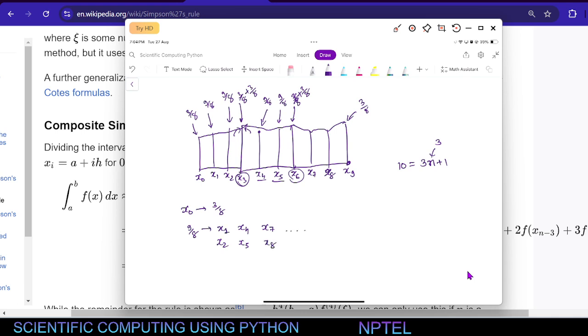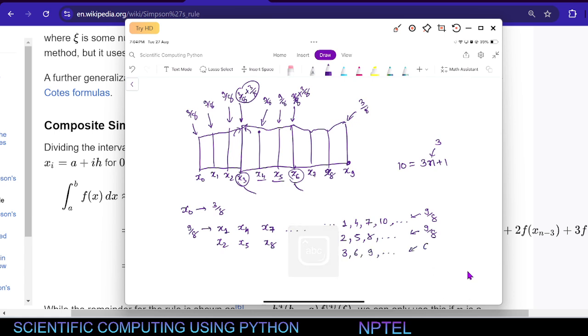So all of these, 1, 4, 7, then 10, will get 9 by 8, and also 2, 5, 8. Now who will get 6 by 8? So 3, 6, etc. So 3, 6, 9.